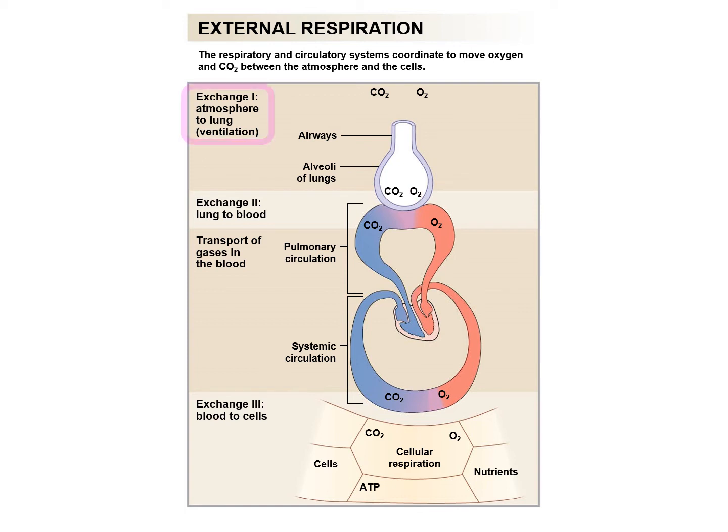And then the third thing, so there's exchange one, there's exchange two, and then our third exchange is down here at the level of the tissues. And again, it goes from cell to plasma to extracellular fluid to plasma to cells. And that's exchange three.